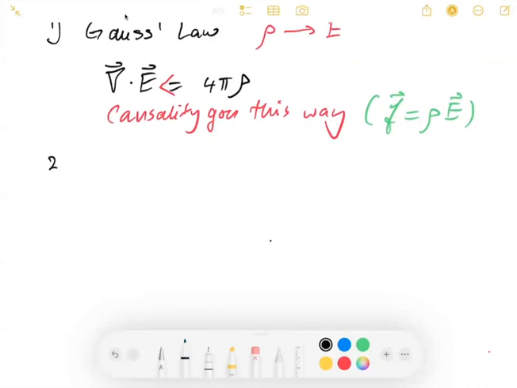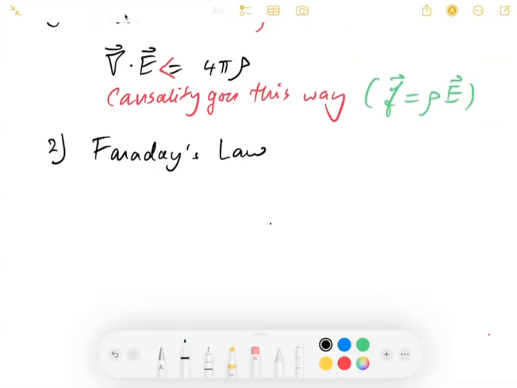By the way, there's really no consensus on the numbering of Maxwell's equations. This is my particular preferred order. Second, Faraday's law. In the full form, Faraday's law describes that if you have some kind of a time varying magnetic field, this is dB dt.